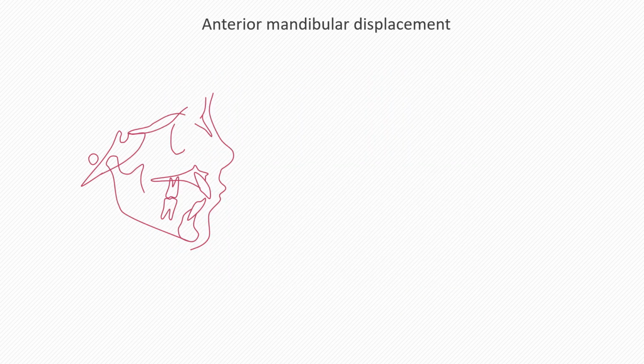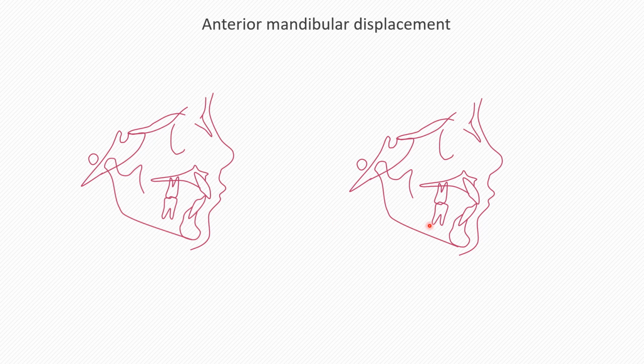In addition, during the normal closure of the mandible, as here, when there is no occlusal interference posteriorly or anteriorly, the mandible will occlude normally and the centric relationship coincides with the centric occlusion.